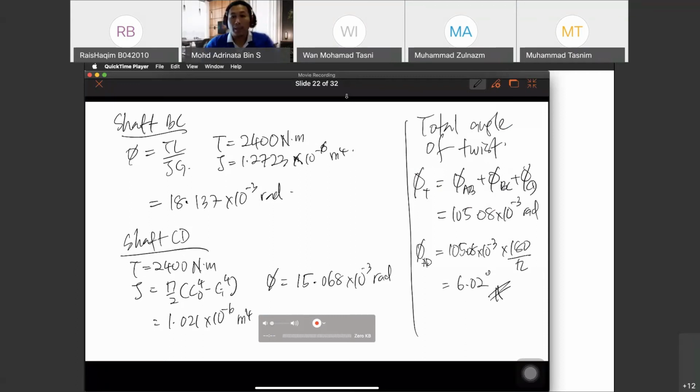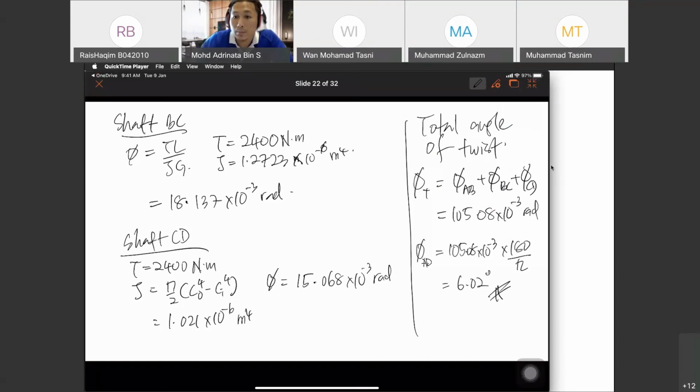Dan kita akan sambung sikit pada hari yang G dekat BC tu guna saja ke kena. Sekejap. Oh, G ni dalam equation kita, dia based on each section, okay.